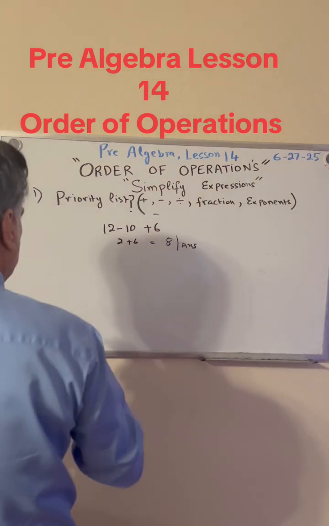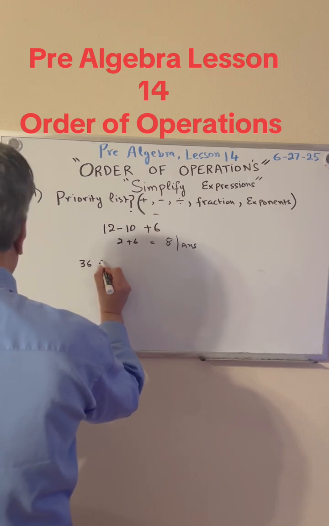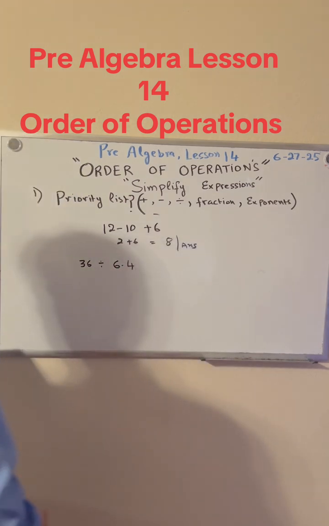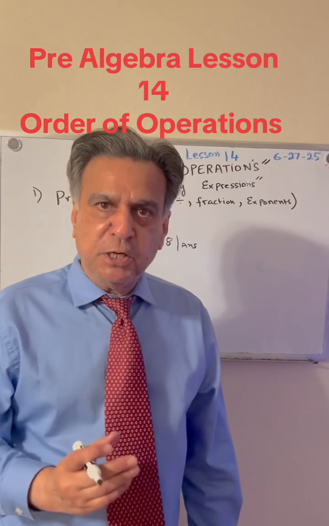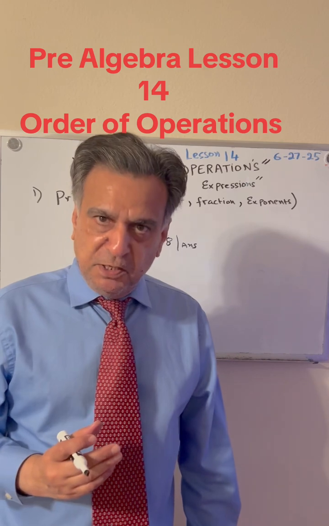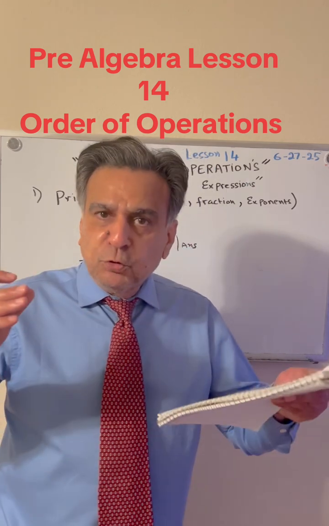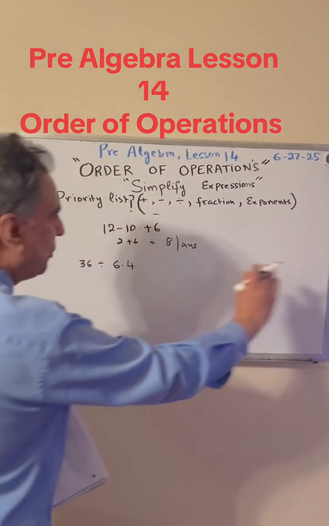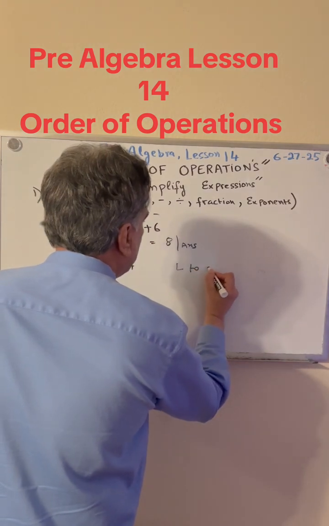Let's do another problem. Let's say you have 36 divided by 6 multiplied by 4. How would you solve that? When you have division and multiplication in an expression, both of them carry the same weight. However, you have to work the problem from left to right.